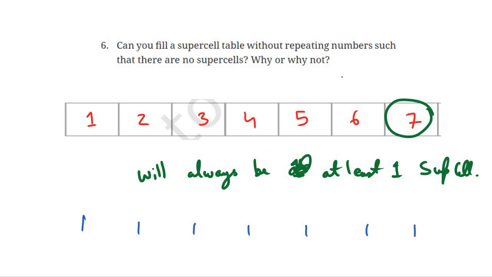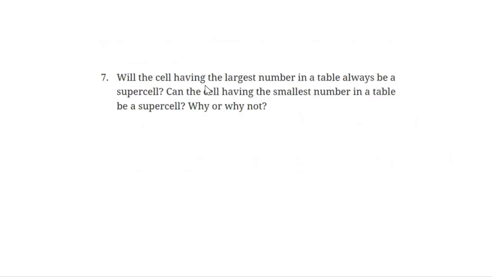But if I have to write numbers without repeating, then if all the numbers are different, there will be one number which will always be the largest among them, and because of that number, one supercell will exist. So this is important, students. So note this. Okay, next question.